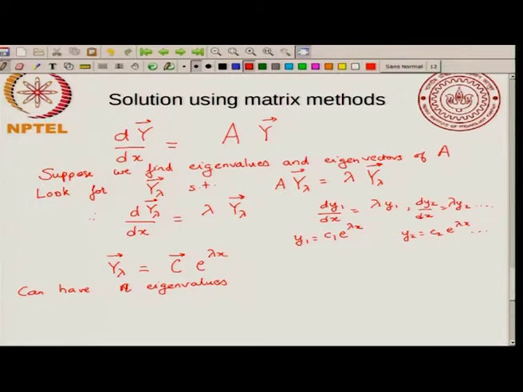Each of the coefficients of these eigenvalues will be seen here. So, you can have n eigenvalues and corresponding n eigenvectors. So, what is it that I want to get across here?